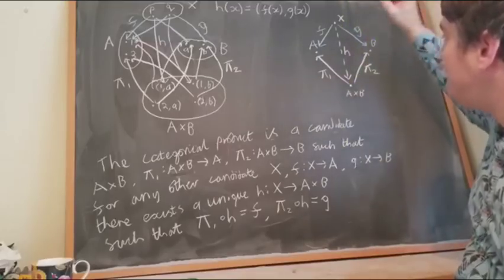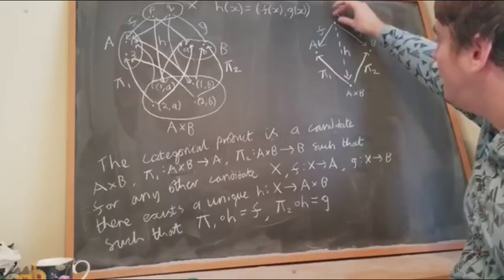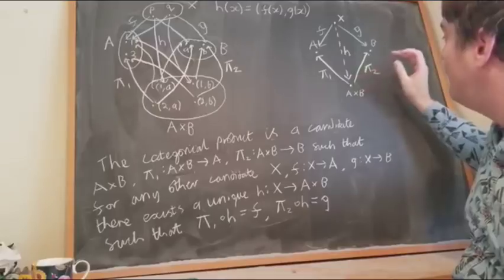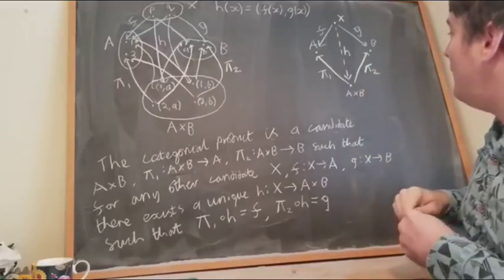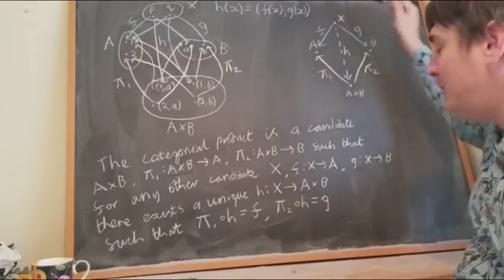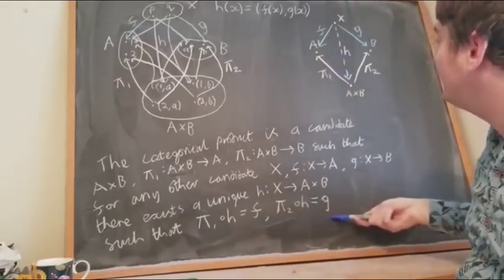So there may be many arrows from this candidate here, x, into our actual product, but we're just requiring that there's exactly one which makes this diagram commute in this sense.